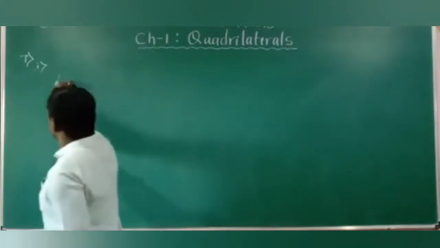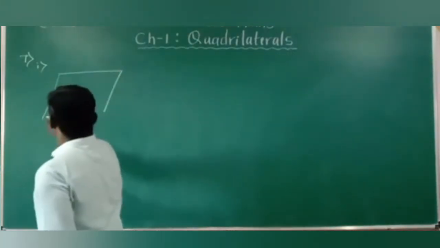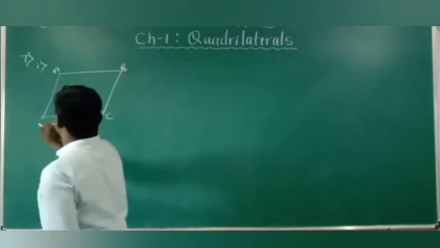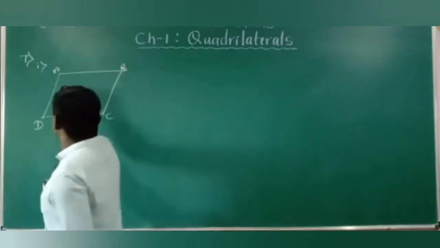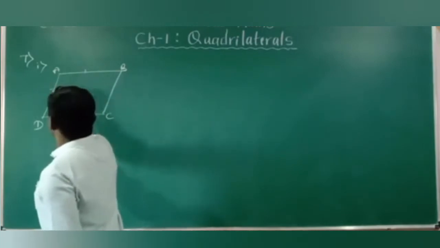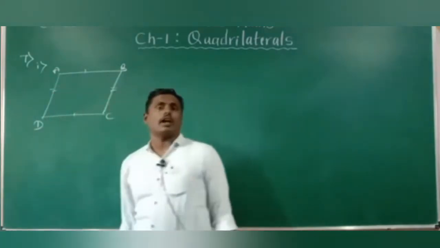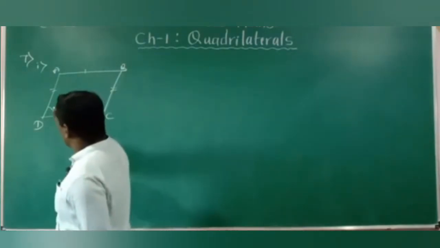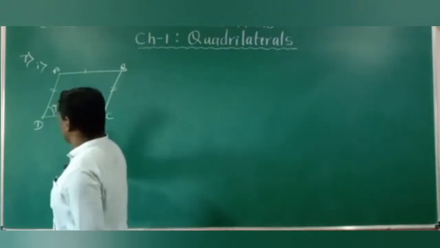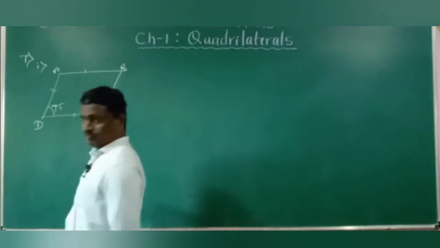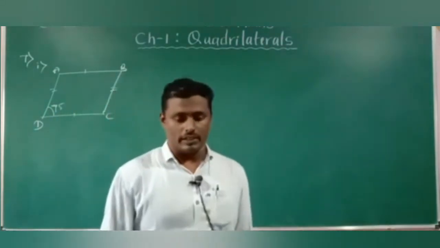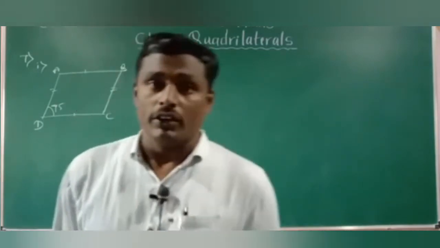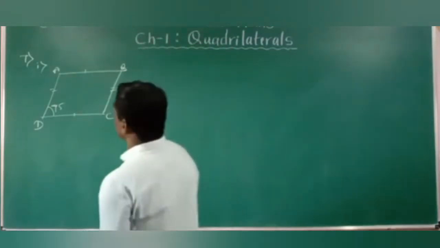So just take a rough diagram here. ABCD is a parallelogram. You all know that the opposite sides are equal and parallel in the parallelogram, right? You need to find the other 3 angles.